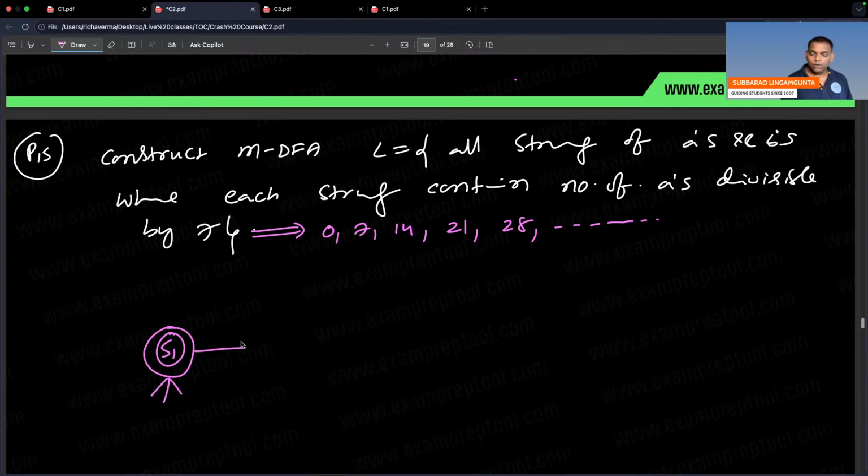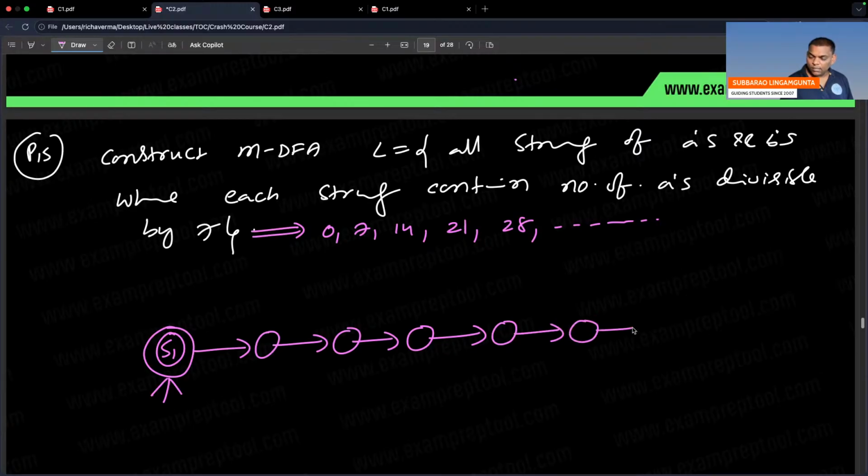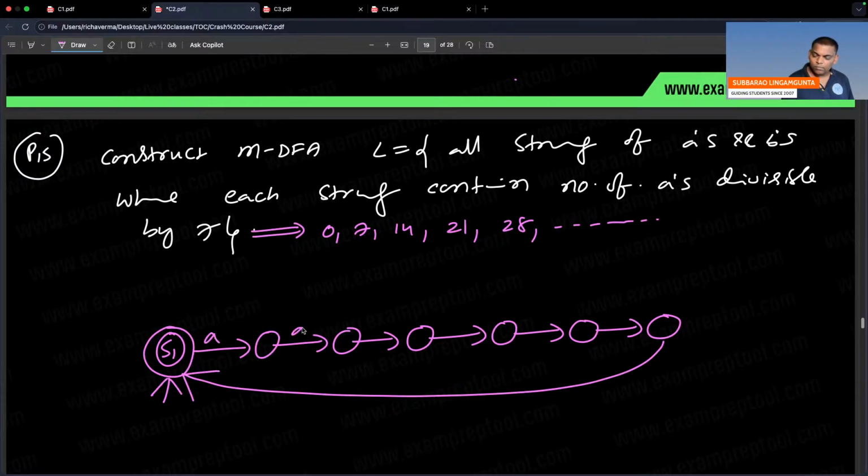Next. 1A rejected, 2A rejected, 3A rejected, 4A rejected, 5A rejected, 6A rejected, 7A is accepted.